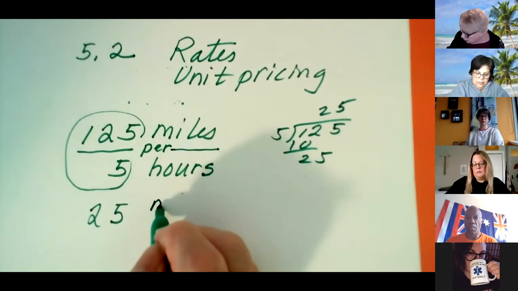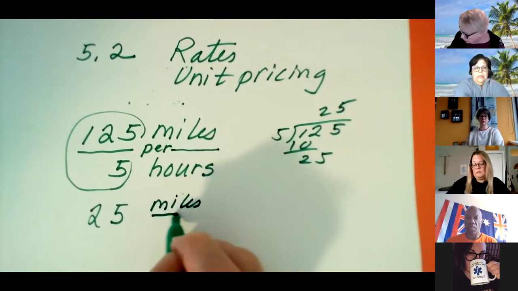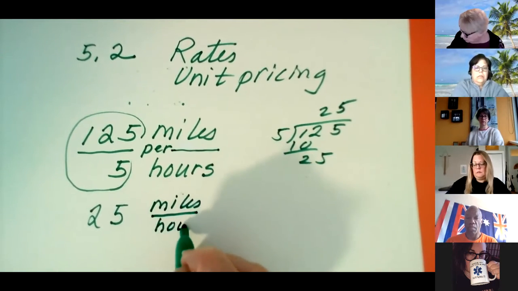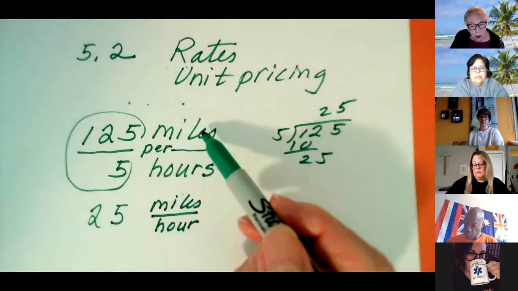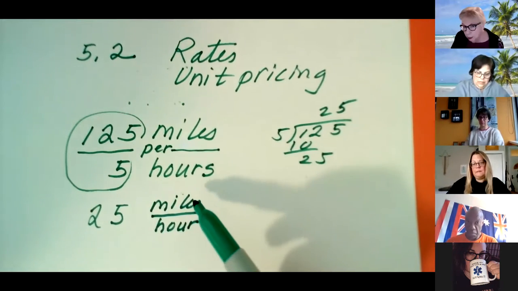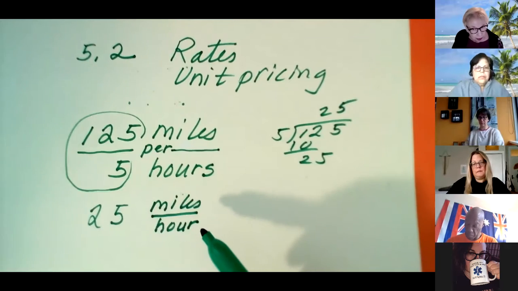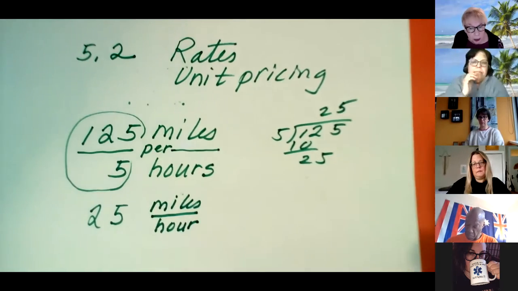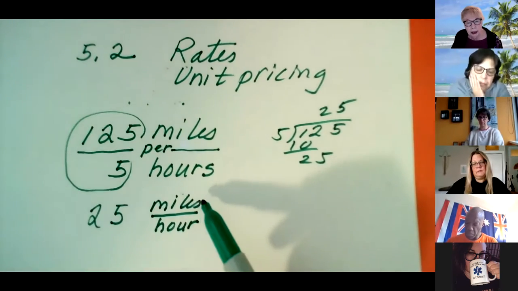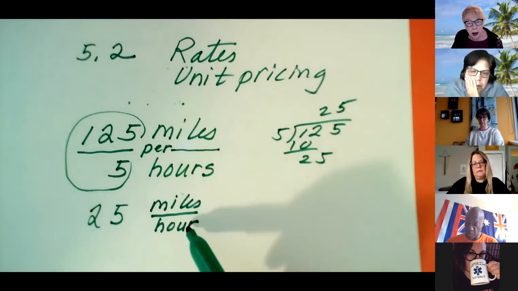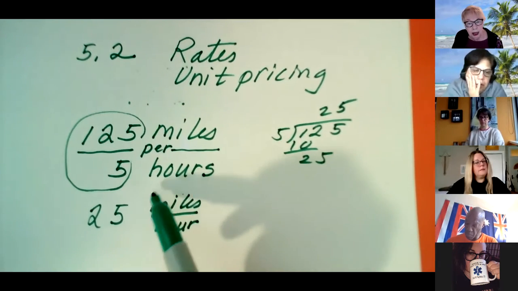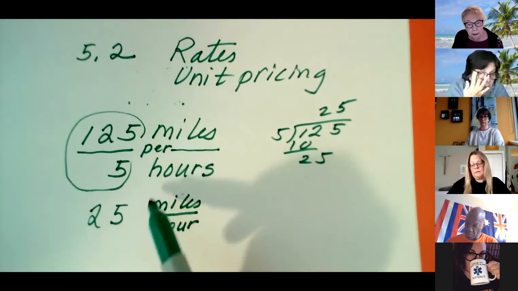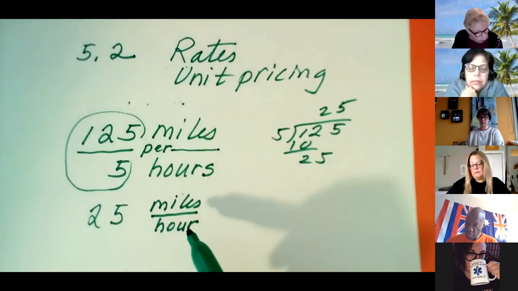And so you would write it as miles, like that. So the words will not cancel because miles and hours are 2 completely different things. I'd cancel them if I could. I can't. So I have miles per hour. And so I've simplified my number and I've written the unit that's appropriate.